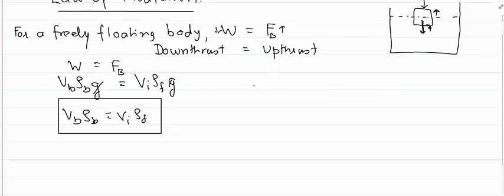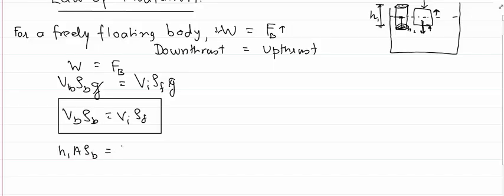For example, if we have an object in the form of a cylinder, let us say, and it is freely floating, and the total height of the cylinder is h1 and the immersed height is h2. The cross-section area is the same throughout. In that case, the total volume of the body will be the total height h1 into the cross-section area A, into rho b.